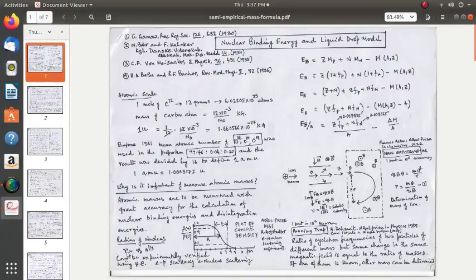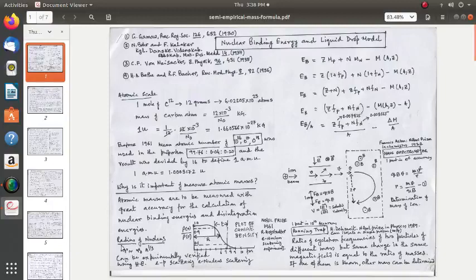If we measure this R using electron-proton scattering for various different types of nuclei, then finally we can arrive at a relation like this, which expresses R as a function of A, and we know that R is R0 A to the power 1/3.